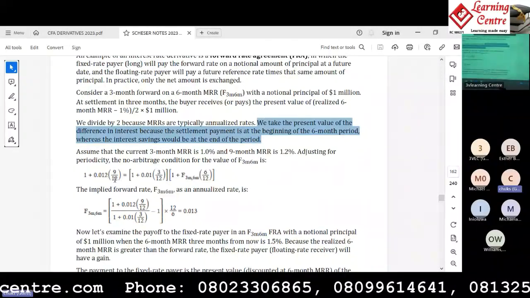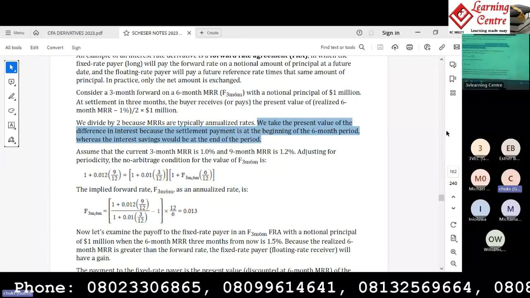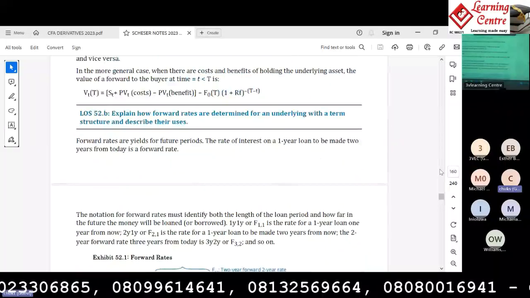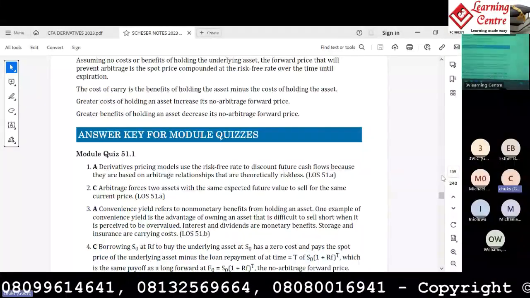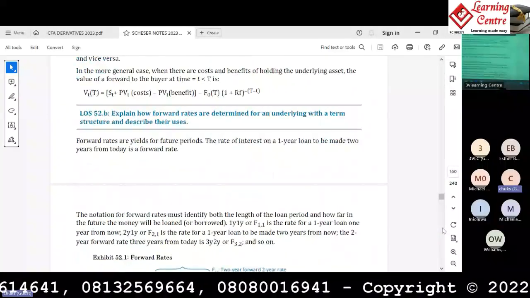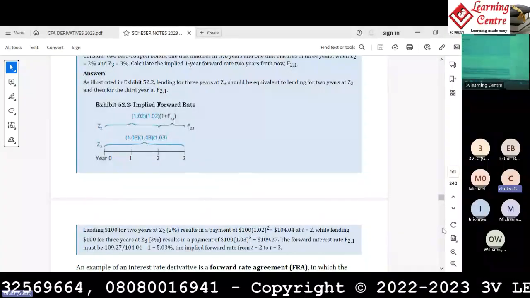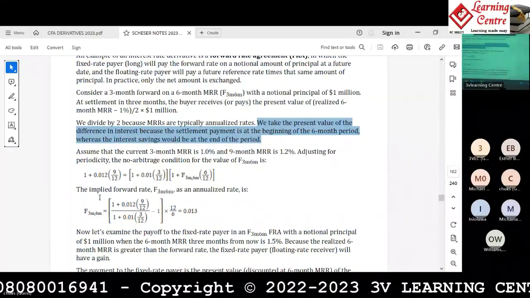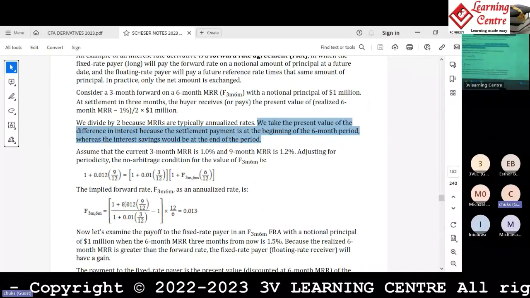So basically, it's the same formula that we used at this same formula. Where is that formula? The forward and the spot rates, the interest rate formula.